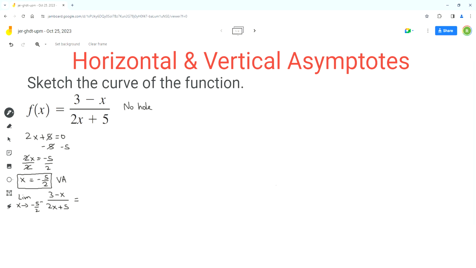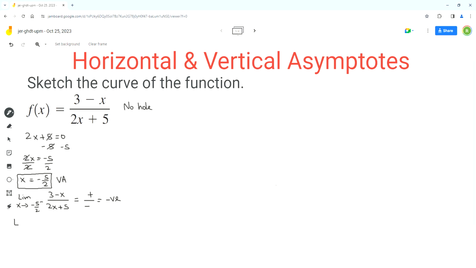To evaluate this limit, we have to use a test value for x, which is to the left side of -5 over 2, which is also -2.5, but close to -2.5, so like -2.6. So if we sub in x as -2.6, the numerator will become positive and the denominator will be a negative value, because 2 times -2.6 will be -5.2, and plus 5 will give us a negative result. So the overall value for this limit will be negative.